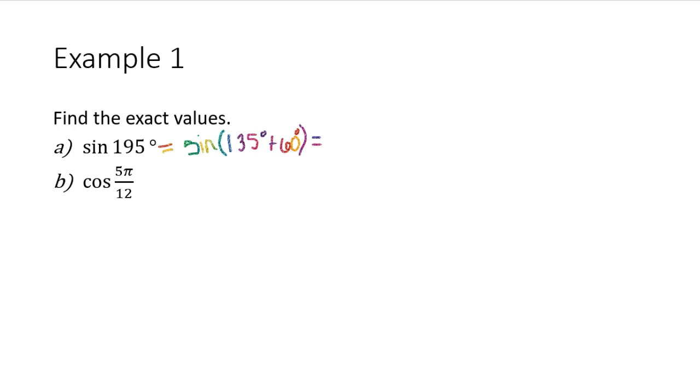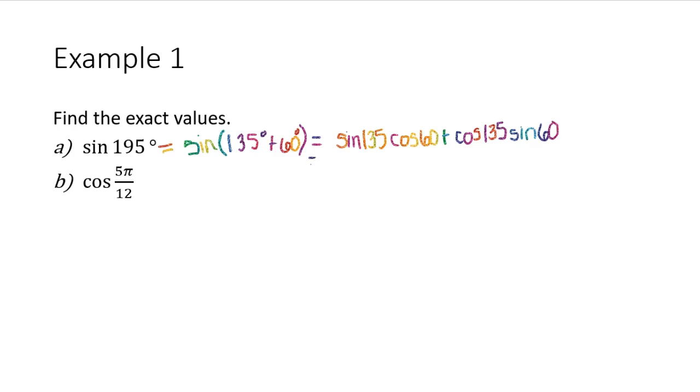The sine of 135 degrees plus 60 degrees is the same thing as the sine of 135 degrees times the cosine of 60 degrees plus the cosine of 135 degrees times the sine of 60 degrees.